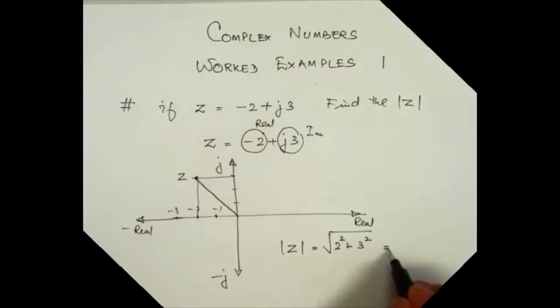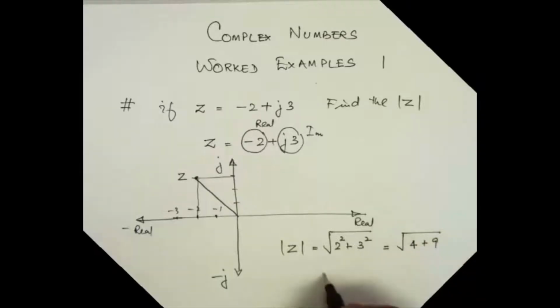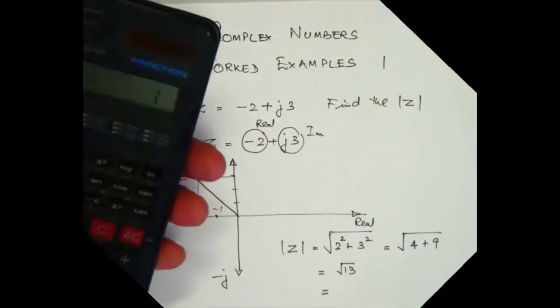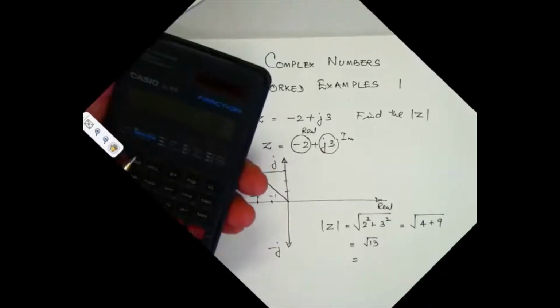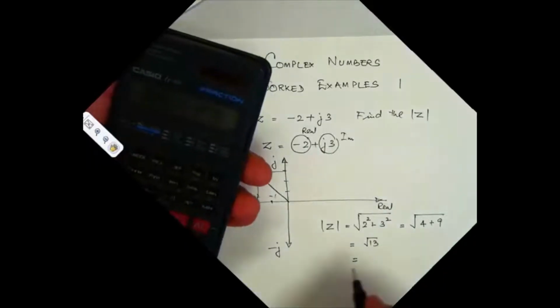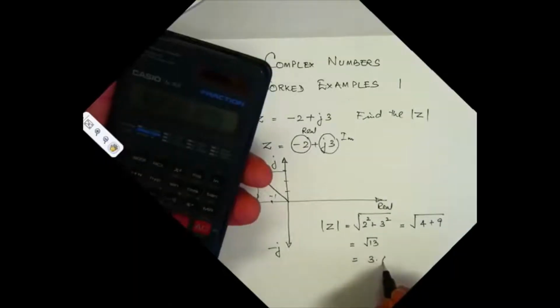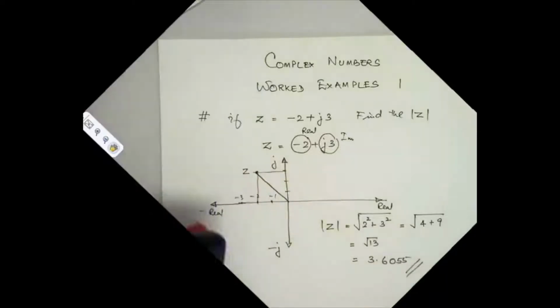So that is the square root of 4 plus 9, that is the square root of 13, which, if you use the calculator, is 3.6055. That's the answer.